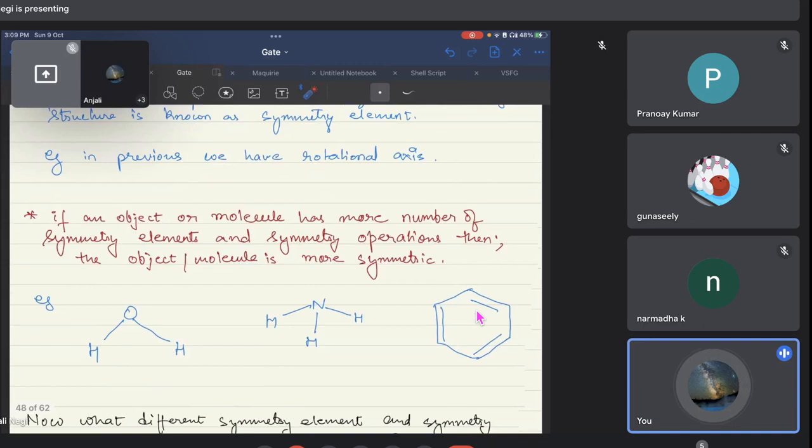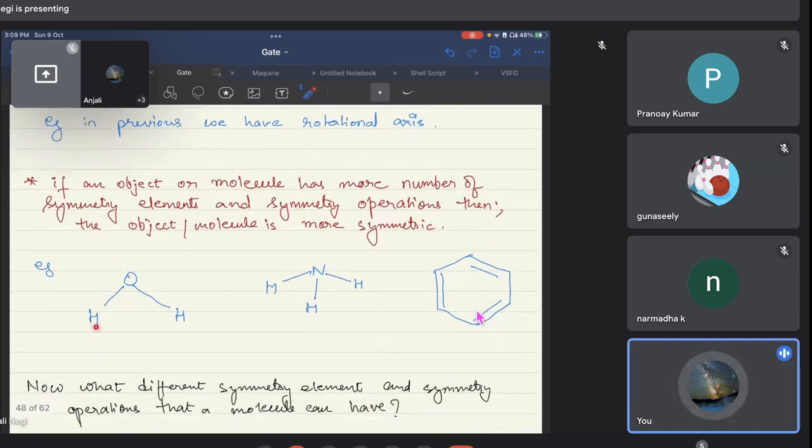For example, here I have a water molecule, ammonia, and one benzene ring. You can take this example for a later stage also, when you have completed all the symmetry elements, you can count which symmetry elements are present in these three different molecules, and you can see which one is more symmetric in comparison to the others.